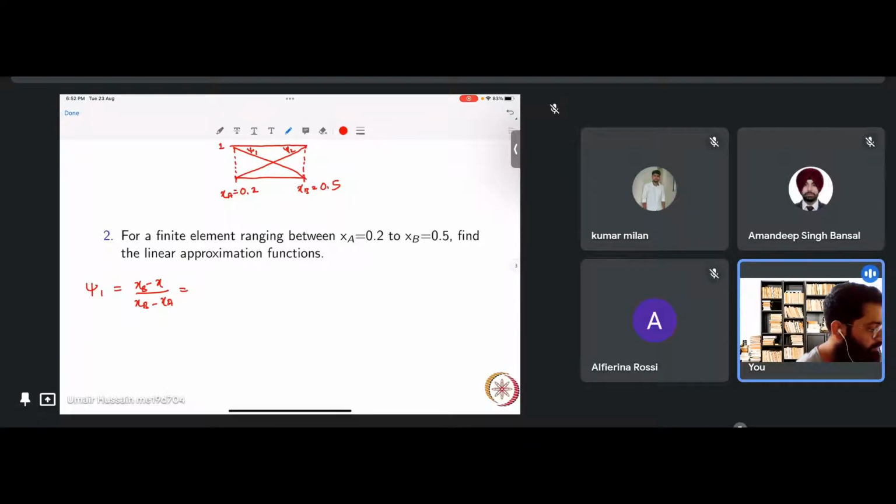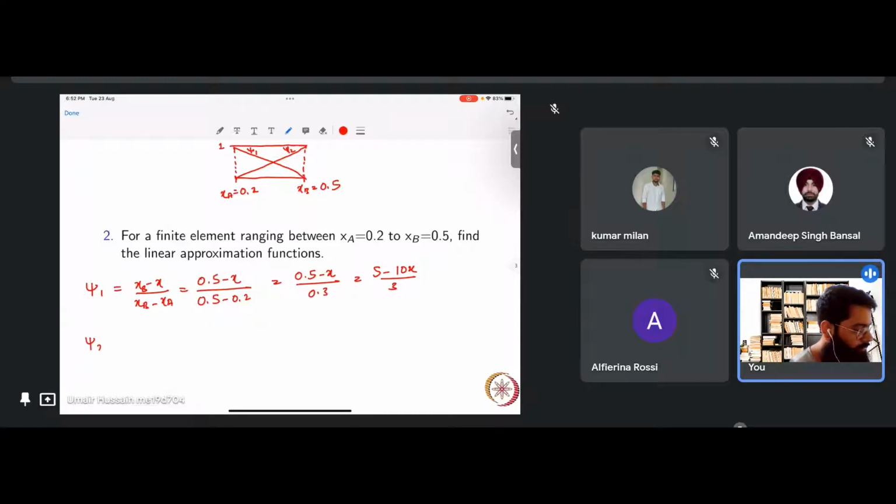So what is x b? 0.5 minus x upon 0.5 minus 0.2, which is 0.5 minus x upon 0.3. We can write it as 5 minus 10x by 3 for simplicity.